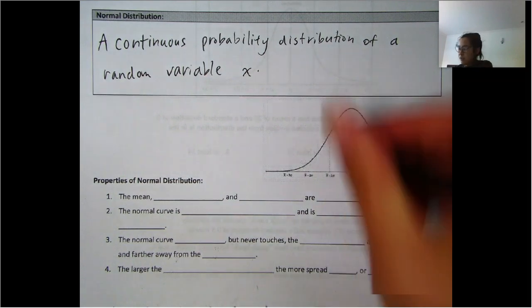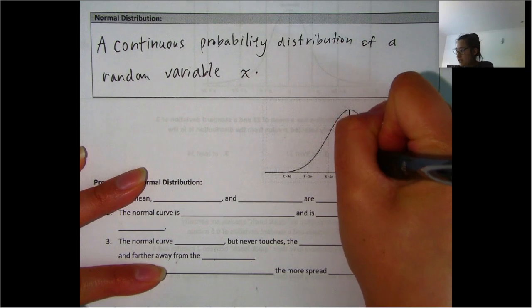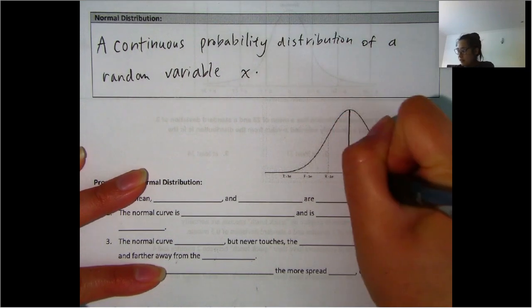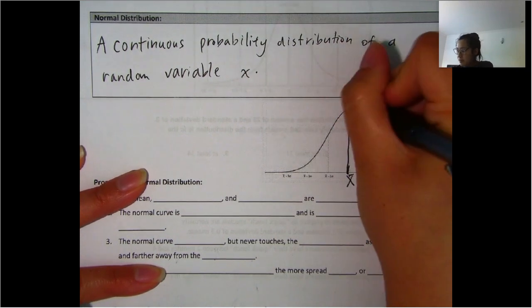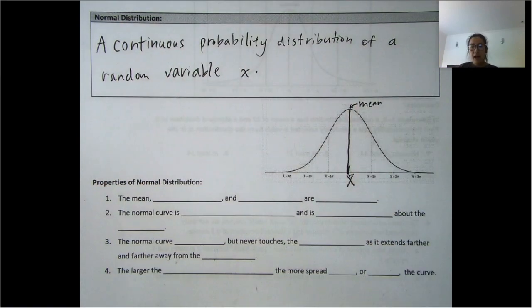And so in this middle here, this is going to be your x bar or your mu, meaning your mean. Okay, so this is the mean right here. And so each of these lines out here are going to be like a standard deviation away from the mean.